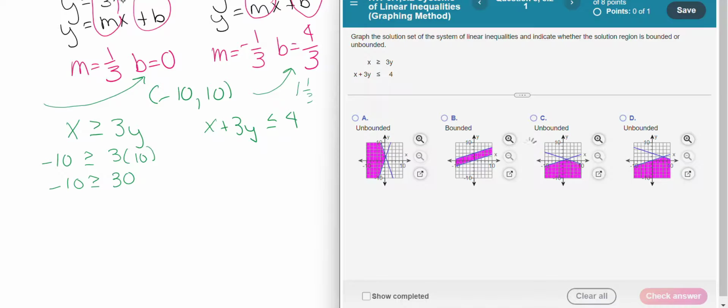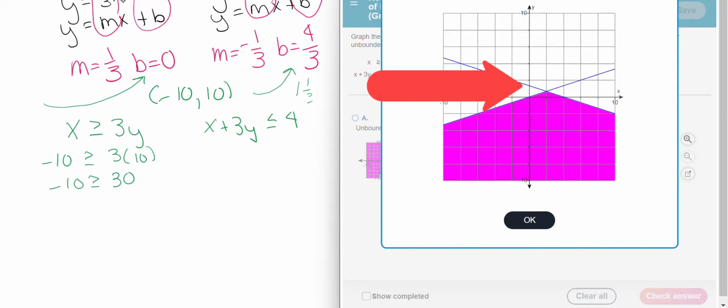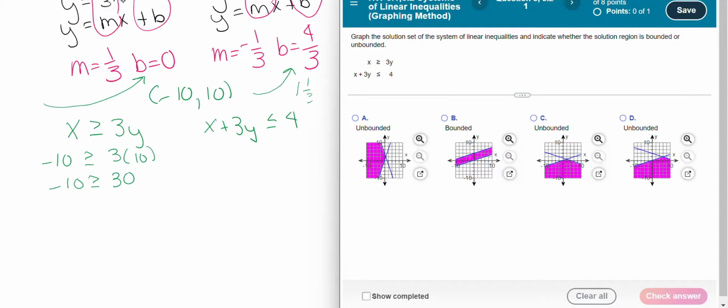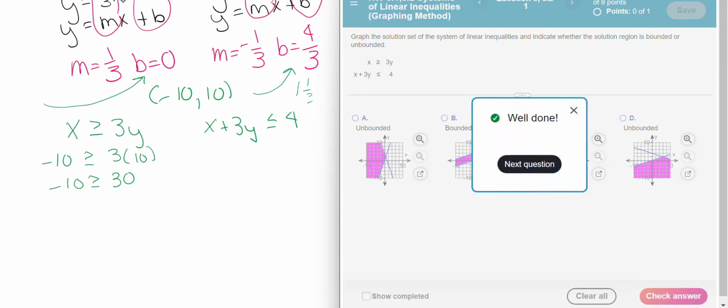Let's look at this one. Now this one it could be because look at our y-intercept. So I'm going to guess just from that C is our answer. Yay, good job. So you can actually answer these just by looking at some information and making an educated guess.